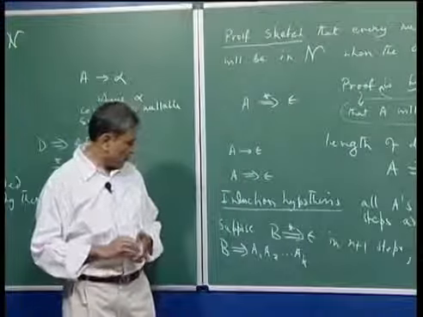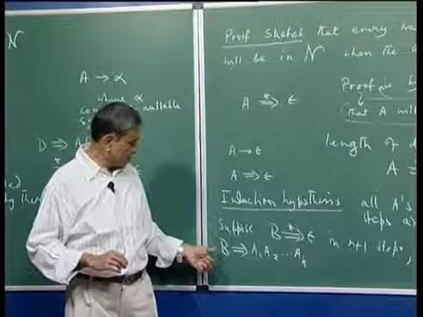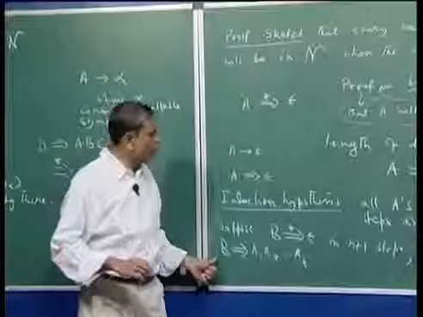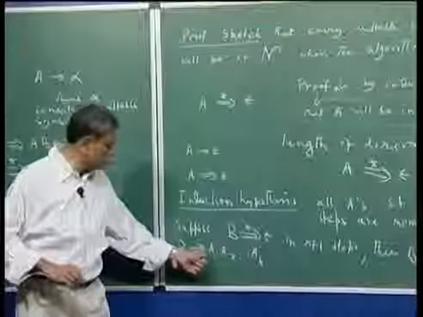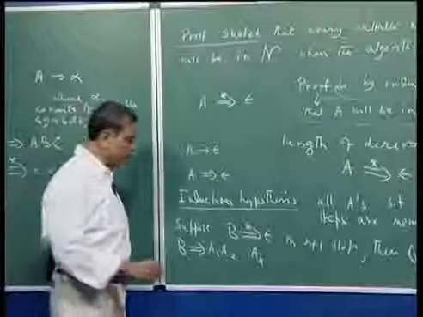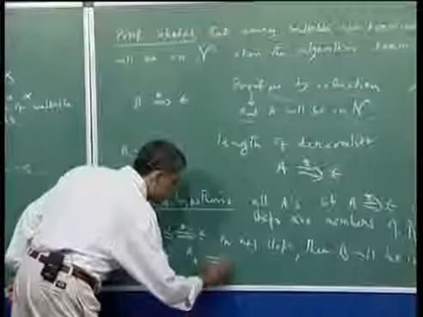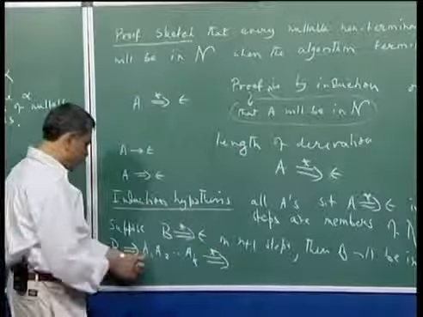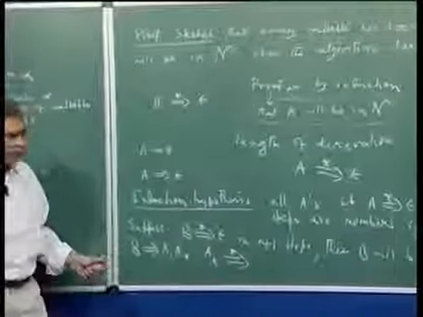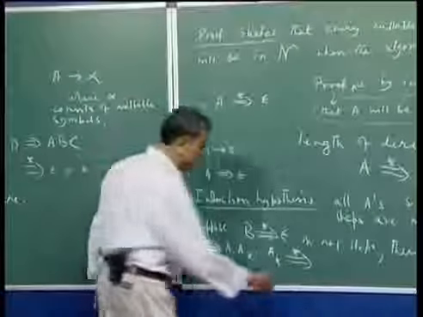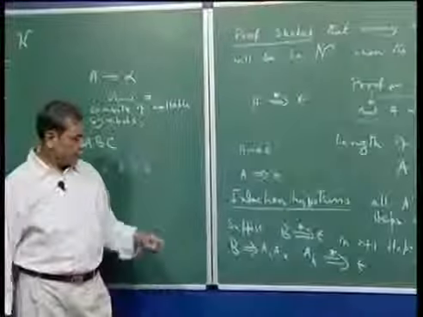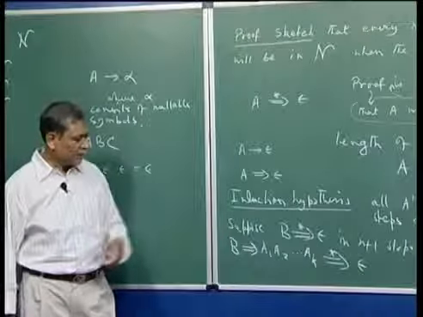So, let us say the very first step was using a production of the kind B goes to A1, A2, up to AK, and then eventually clearly all these Ai's must be nullable themselves. So, they are finally written off as epsilon, and therefore, B derives epsilon.